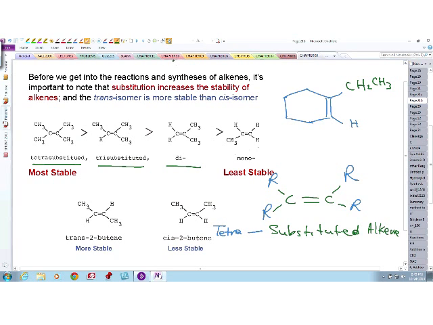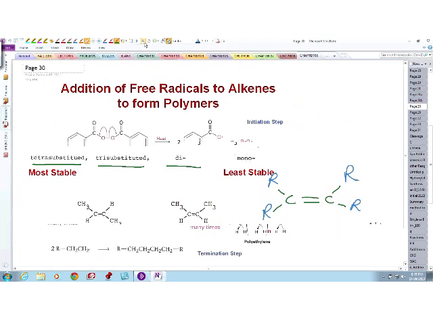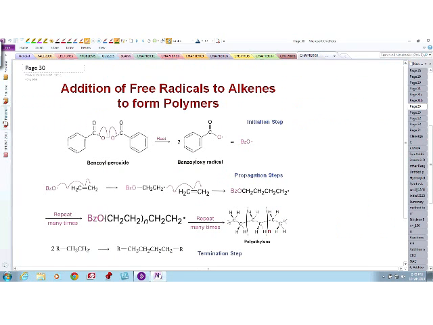Okay, so I think the last set of reactions of alkenes we want to discuss will be what we call the free radical reactions of alkenes.